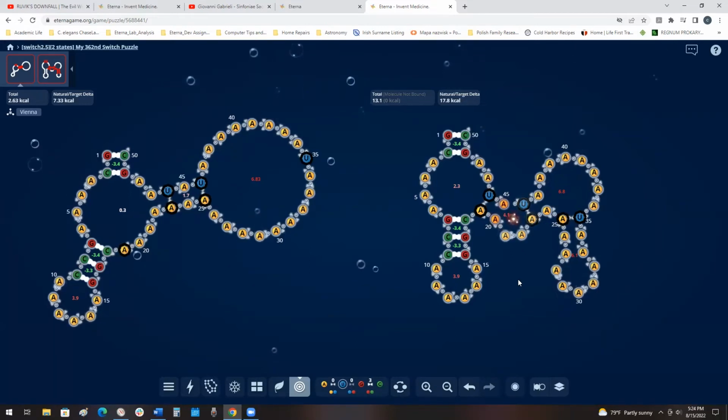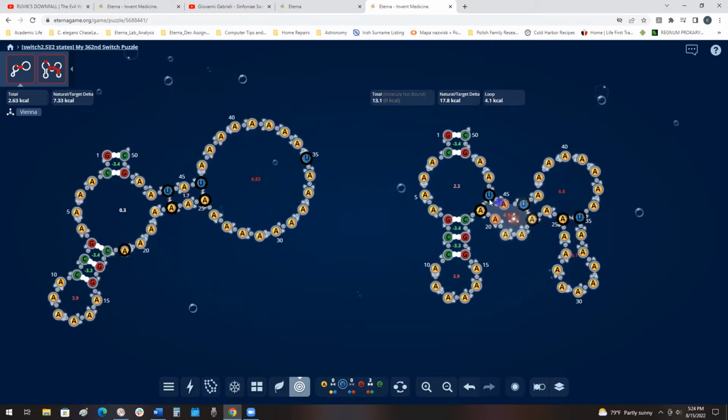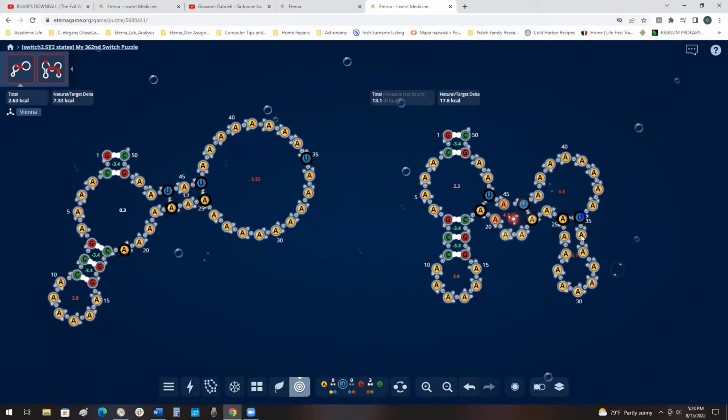And plug for an idea real fast. For smaller switches, this isn't such a big deal, and it's kind of fun to highlight and paint my way through. But for large switches or switches with locked bases, it would be great to have some type of feature or tool where once I've made this change here to an A, as I play through, I know this is going to be a U, right? This makes this an A, this makes this a U, this makes this an A, and that makes this a U. But it would be great if, using the highlighting that we've used in the ribosome lab and the coronavirus labs, right?